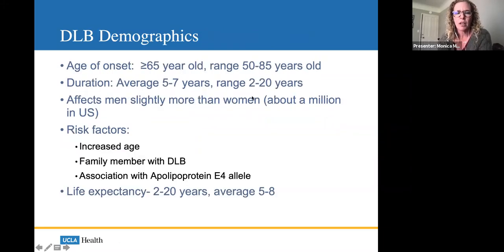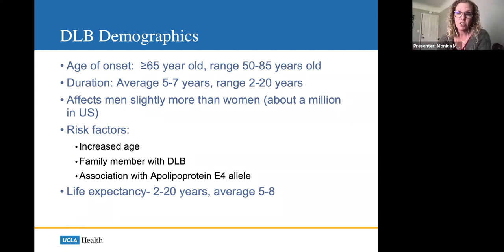Dementia with Lewy bodies, again, is roughly around 65 years old, if not over, when somebody is diagnosed. The range is 50 to 85, but they're most often diagnosed after the age of 65. After they go through these years of it, they do pass away from Lewy body dementia.